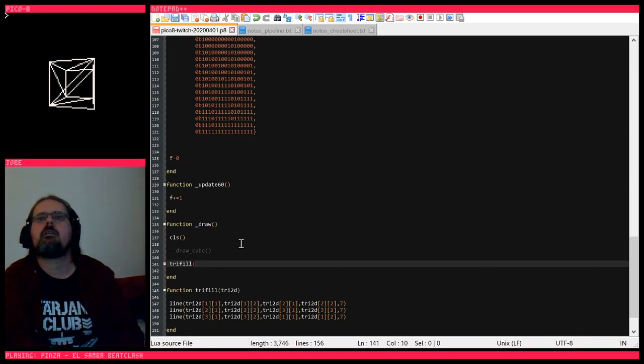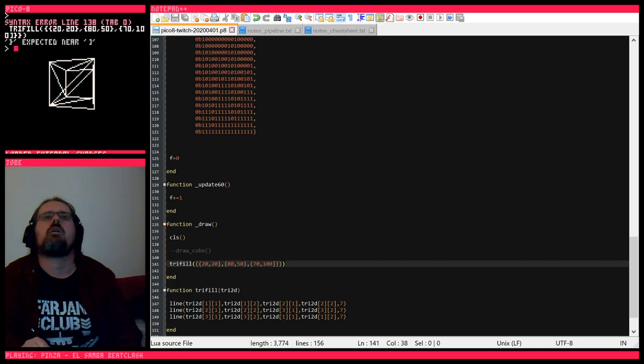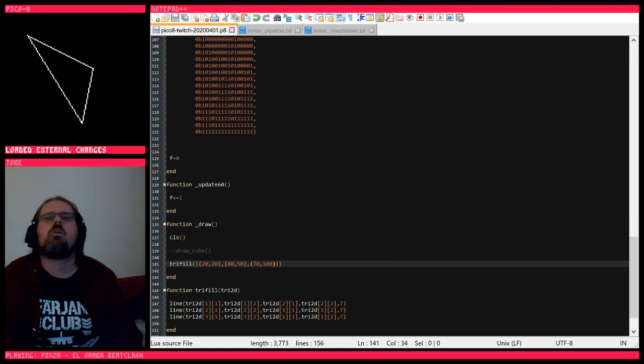Let's do a triangle from, these are our screen coordinates, so let's say one corner is 20 and 20, one corner is 80 and 50, and one corner is 70 and 100. So let's see if we did that right. We did not do that right because there's a square bracket for some reason. Okay, so now we have one triangle.